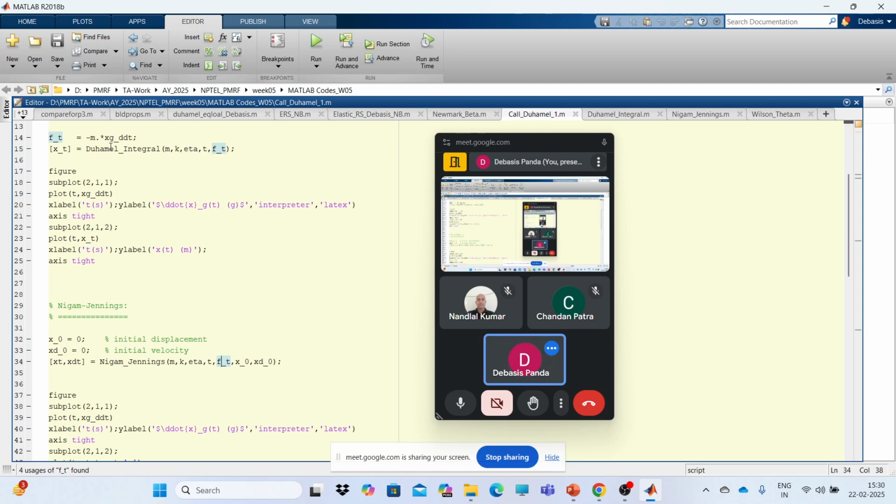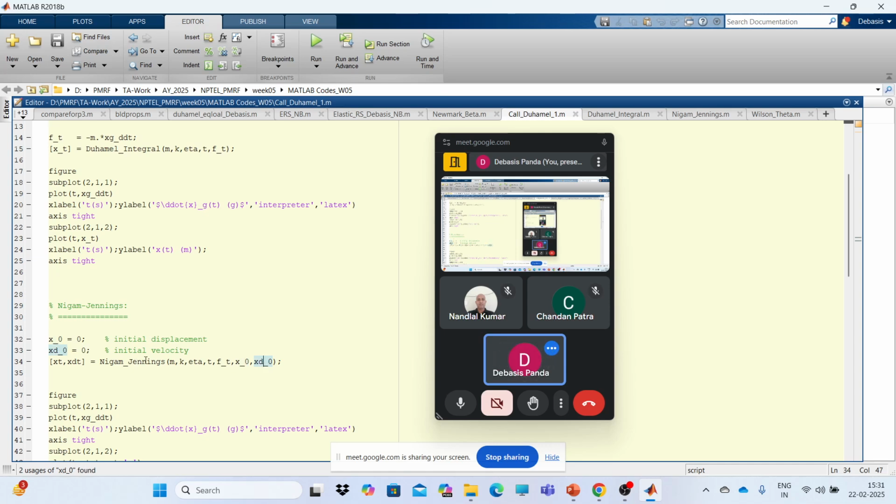We have seen that for an earthquake load the effective force due to the ground acceleration is nothing but minus m into x g double dot, as when we solved for the response due to ground acceleration in the lecture. We also need to provide the initial conditions x0 and x dot 0, so here we have provided 0 and 0.